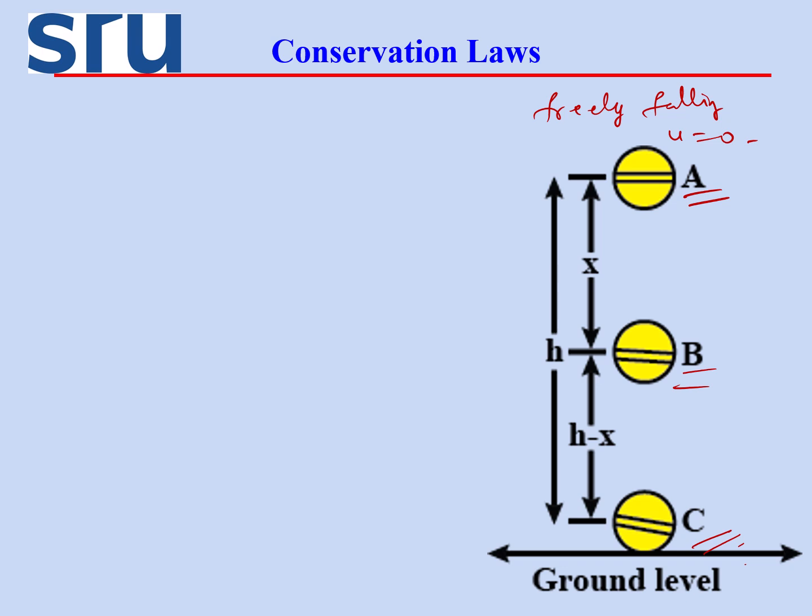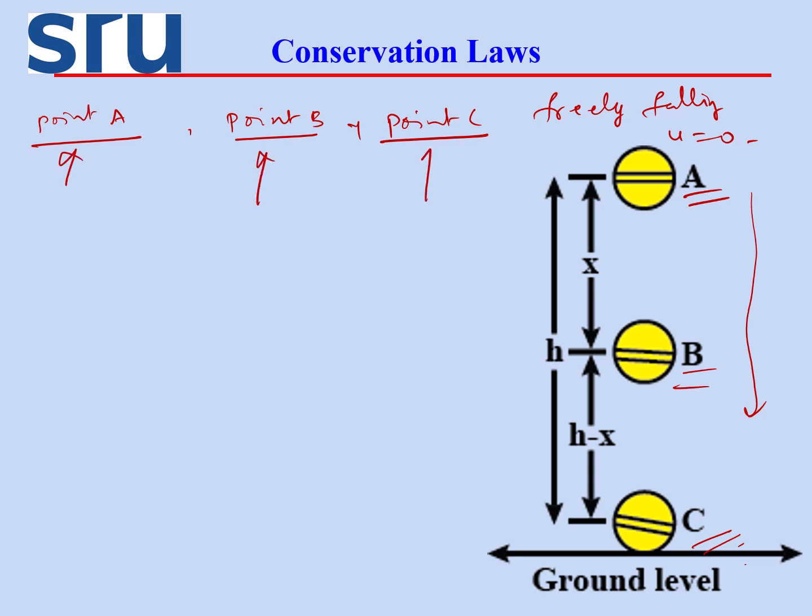Okay. So now we consider three points: point A, point B, and point C. We see the energies of this object when it is coming in the downward direction, or we calculate the total energy at point A, total energy at point B, and total energy at point C. Total energy in the sense, when it is at point A, it has kinetic energy as well as potential energy.